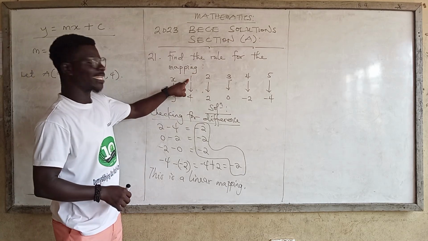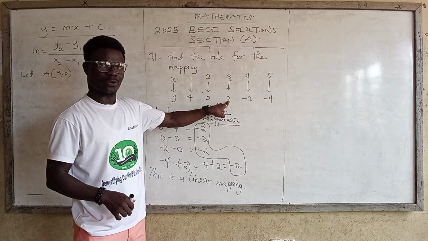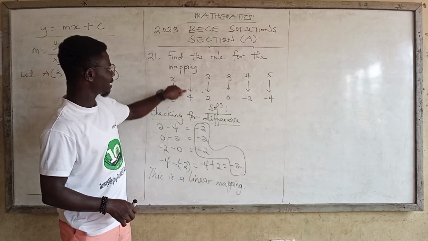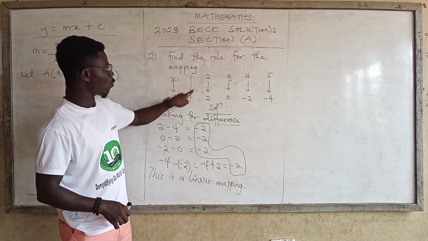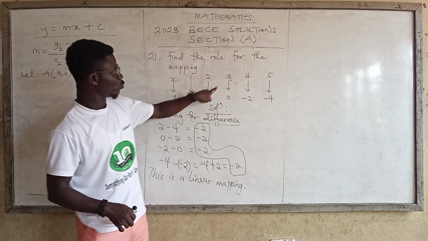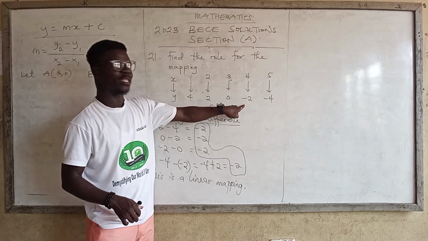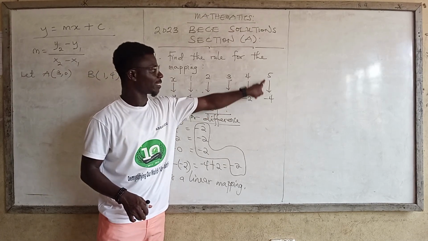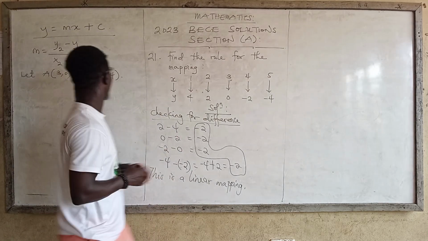Don't select the x value to be 1 and then select the y value to be 0. It's wrong. Make sure that they map to each other. So 1 maps to 4, 2 maps to 2, 3 maps to 0, 4 maps to negative 2, and lastly 5 maps to negative 4.